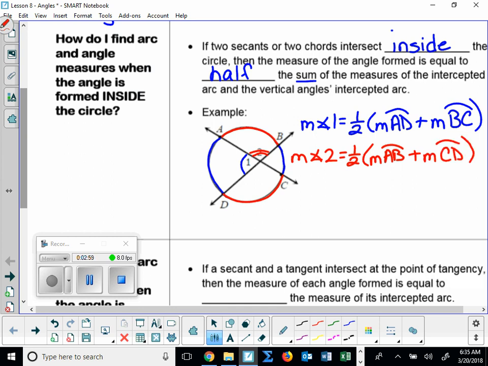Remember that when we had a central angle, our arc measure was equal to the central angle. When we had an inscribed angle, the vertex was on the circle, and the measure of the angle was equal to half of the intercepted arc. So whenever we're in the circle, we're dealing with half of the sum. That's important to remember.